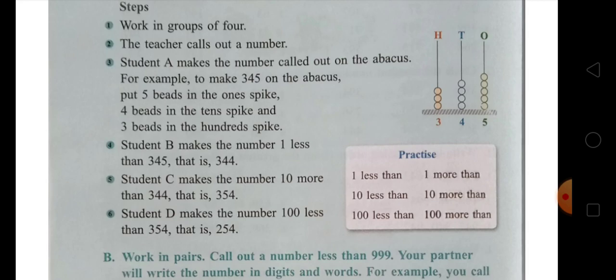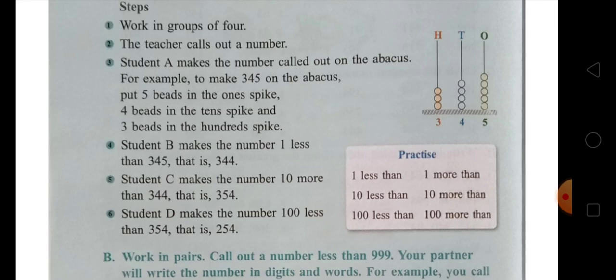And now student D, the fourth student, makes the number 100 less than 354. 100 less than 354 is 254. Listen carefully.